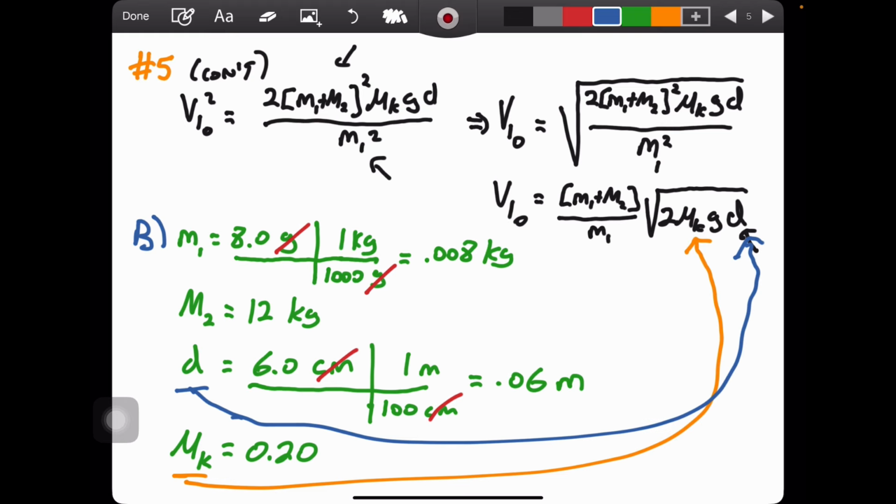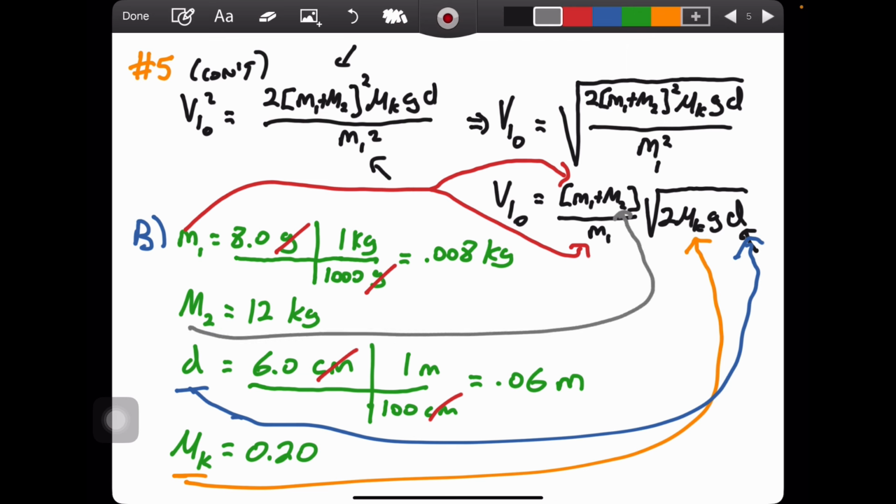M1 goes right there, and also right there. And finally, M2 goes right there. So you use the expression for V1 naught, which again is the velocity of the bullet at the beginning. That's part A. You have to write the expression. And then in part B, you take the values you're given, you make the necessary conversions into SI units, and you essentially plug and chug into the expression that you found in part A.